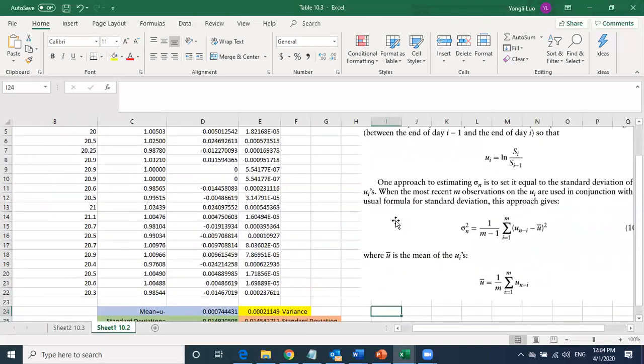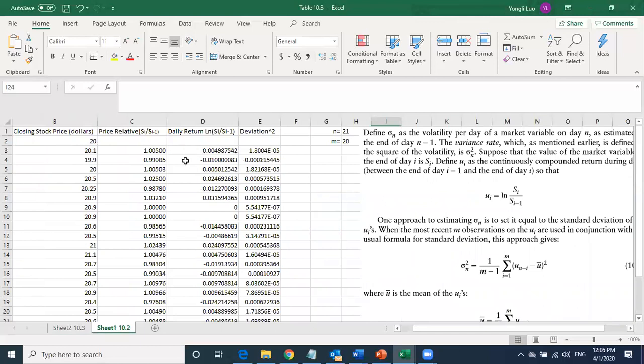And the log return is going to be the ln of the relative price: the most recent price divided by the previous day's price.